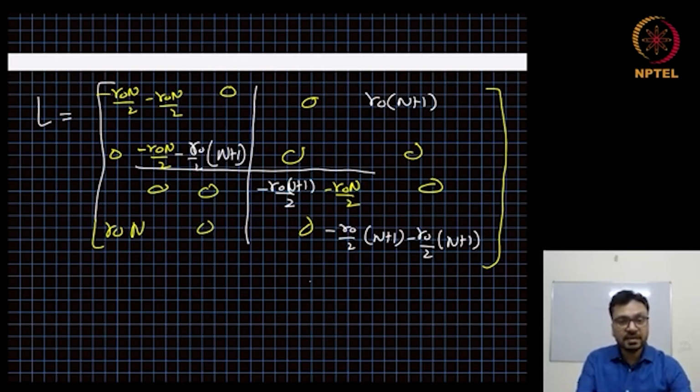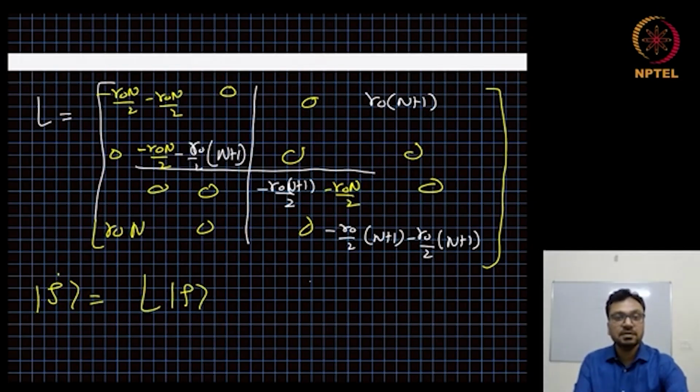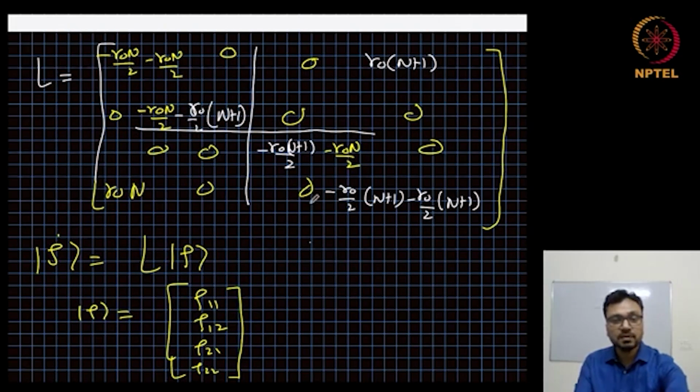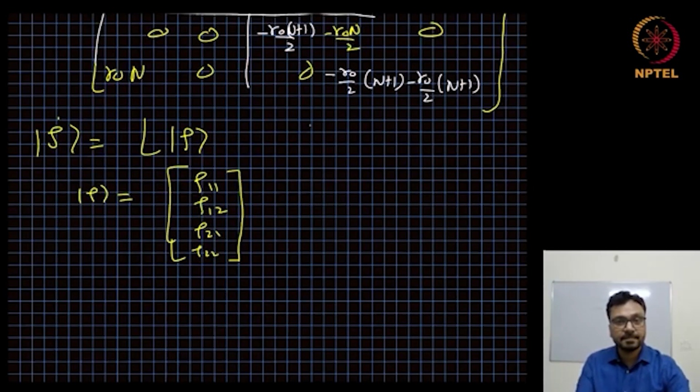Now with this, we can rewrite the master equation. Rho dot equals L acting on rho, where L is this 4 by 4 matrix and the rho vector is rho 11, rho 12, rho 21, rho 22. This is our vector, and we can now solve it.